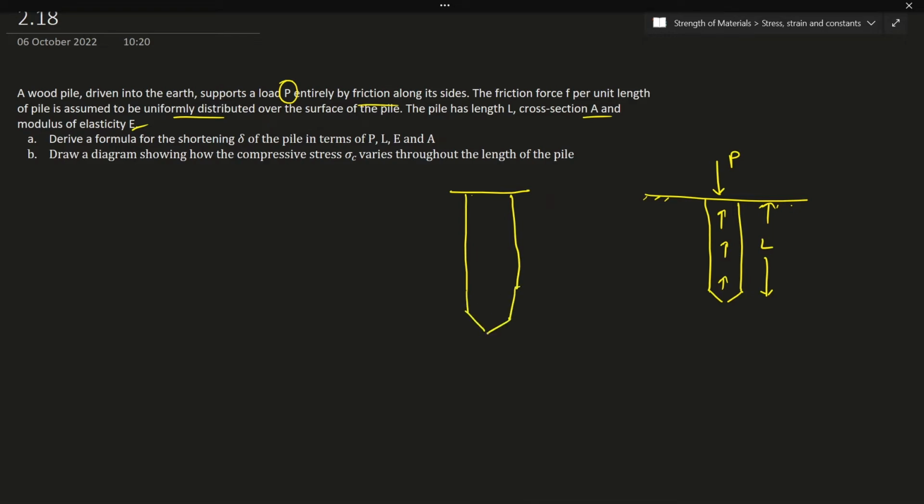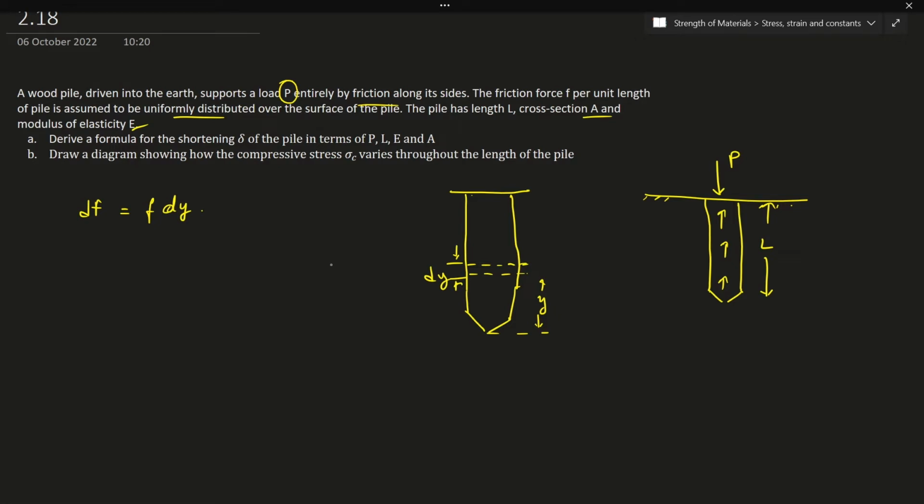Okay, so if I have a body here, I'll choose a small element at a distance y from the bottom, with thickness dy. Now for this element, what is the total friction force? dF will be given by F, the frictional force per unit length, into the length dy.